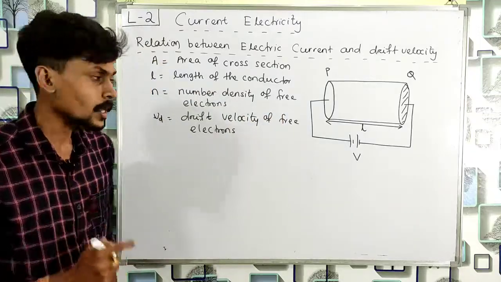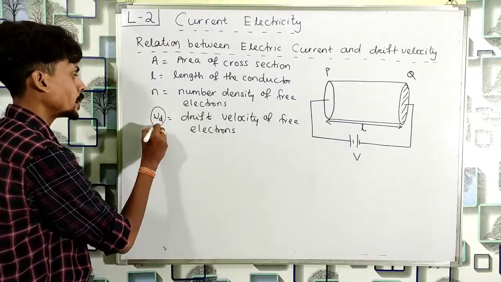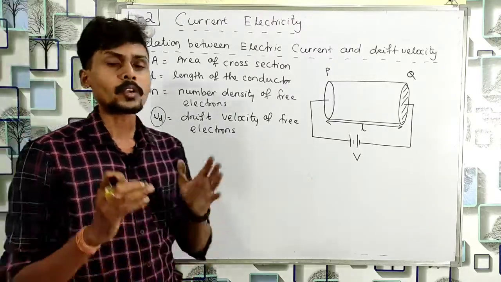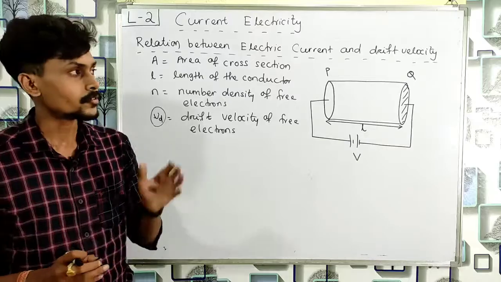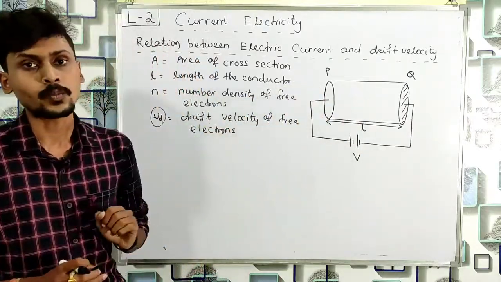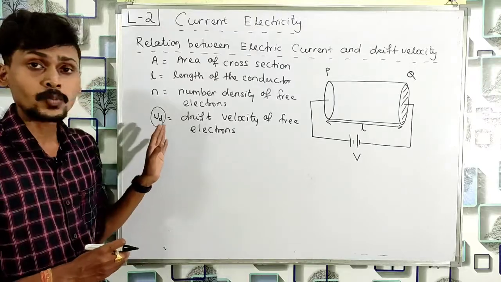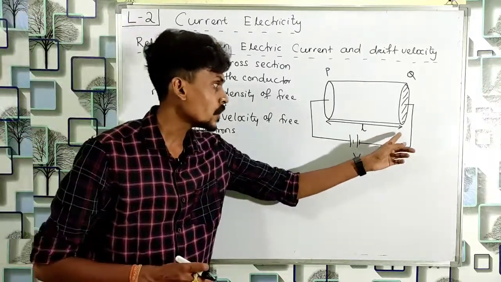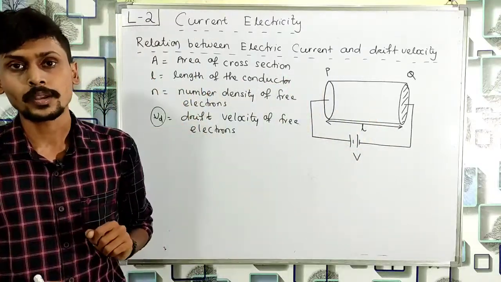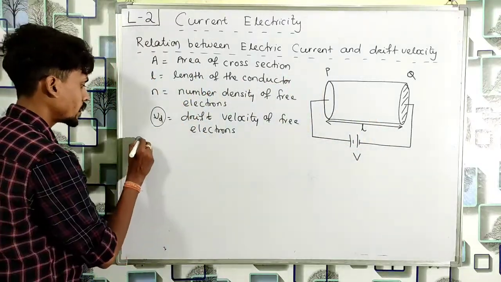And what is their velocity? Their velocity is Vd, the drift velocity. Now tell me, what will be the time taken by the first batch of electrons to reach the cross section P? Their velocity is Vd, and they have to cover the distance L in order to reach cross section P.